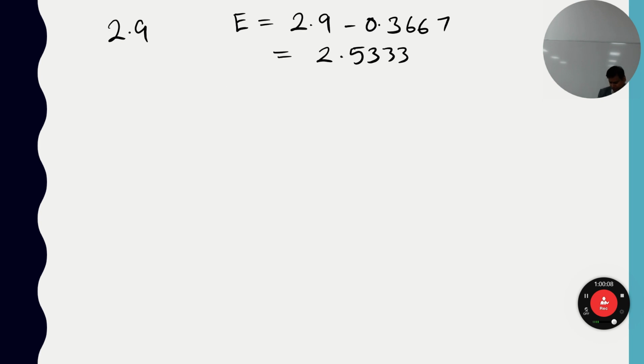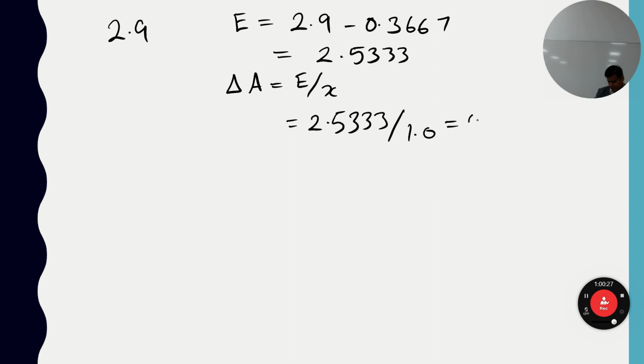We know that delta a equals e by x, which is 2.5333 by 1.0, which is again 2.5333. So this means that we have a new value for a.